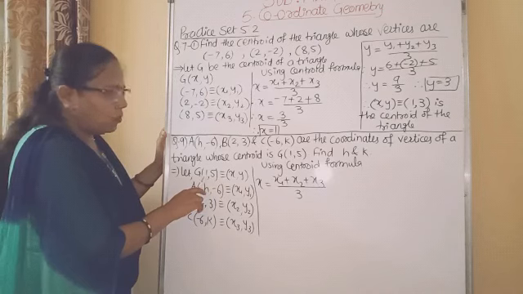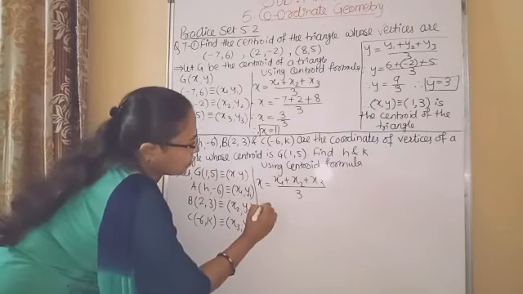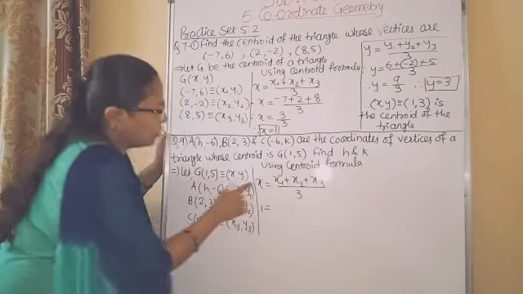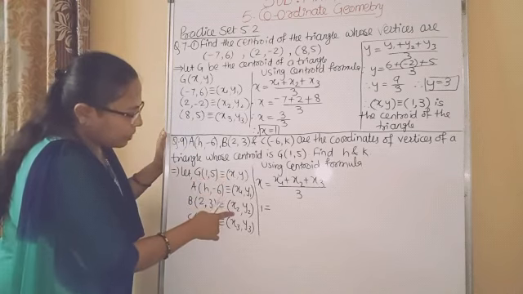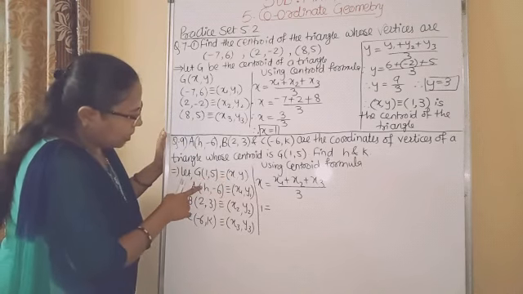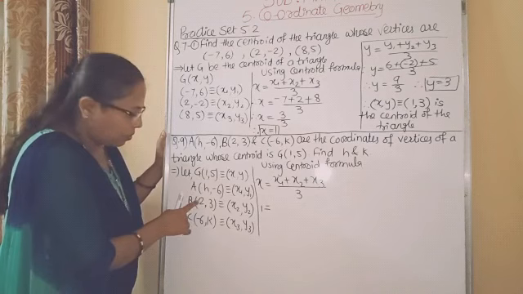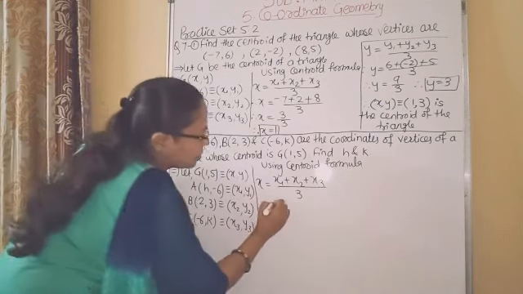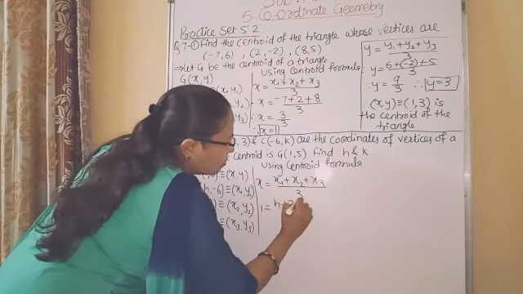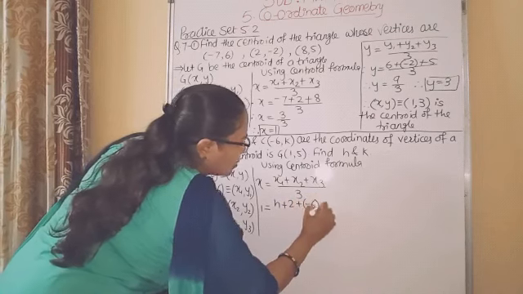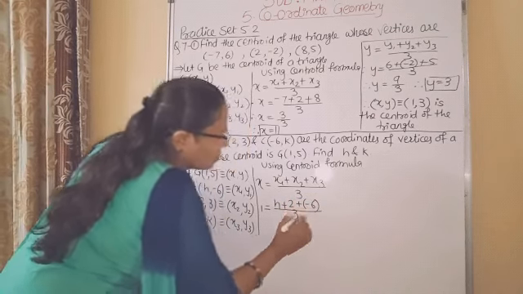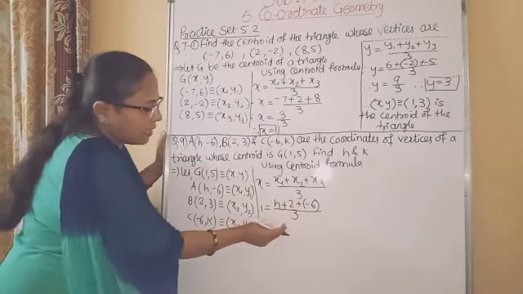x is equal to 1, equal to (x1 plus x2 plus x3), means h plus 2 plus -6, upon 3. Now 3 we will take on this side.